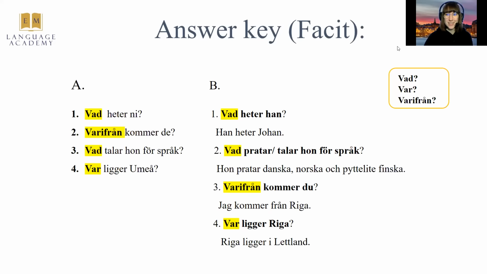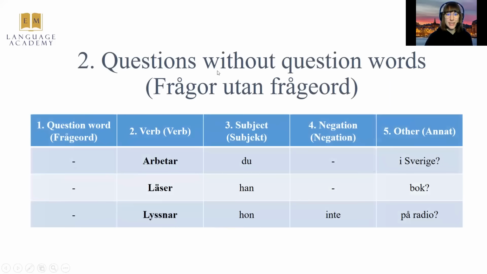So great job with this exercise. I believe we might move on to another type of questions, right? Questions without question words, or frågor utan frågeord. This time we have a table of 5 columns, but the first one, for question words, is empty, right?